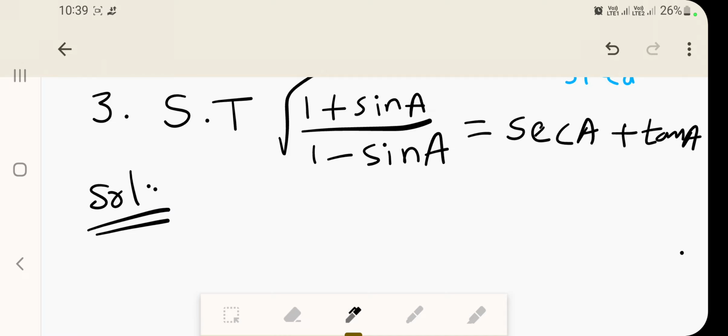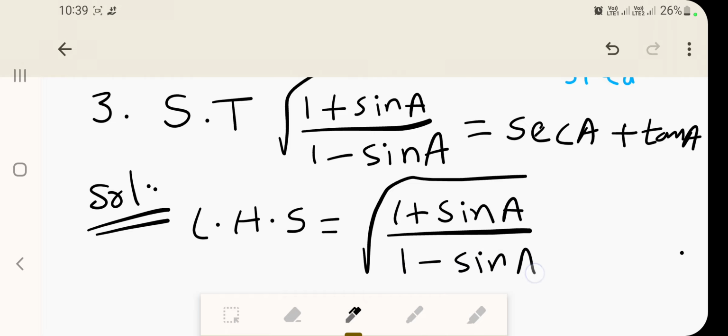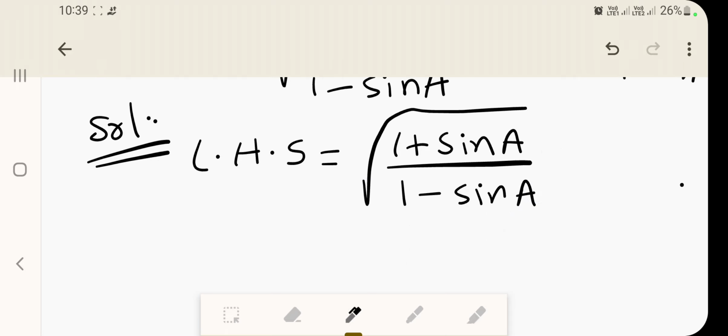So here we start with the left hand side, what they have given. That is, left hand side is equal to square root of 1 plus sine A divided by 1 minus sine A. This is the LHS given. Now we are going to rationalize the denominator. Earlier also we have seen this type of problem.